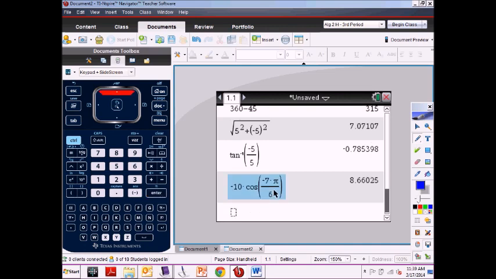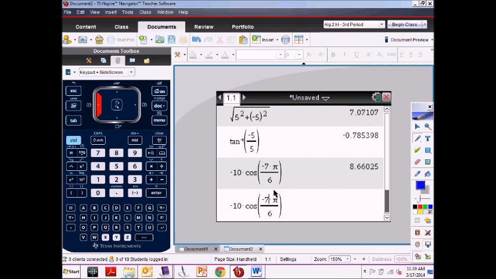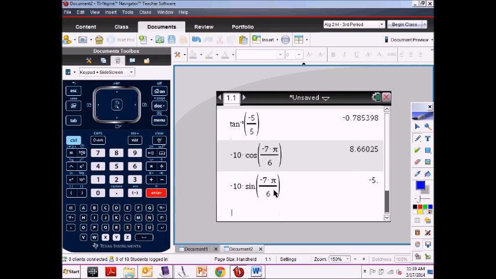I can arrow up, hit enter, delete the word cosine and type in sine, and that would be my y value. Calculator part literally means put it in the calculator. Do nothing else but put it in the calculator.